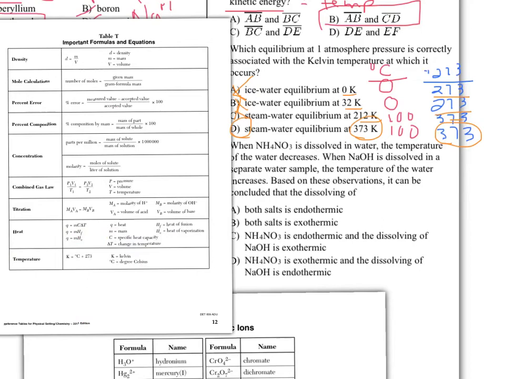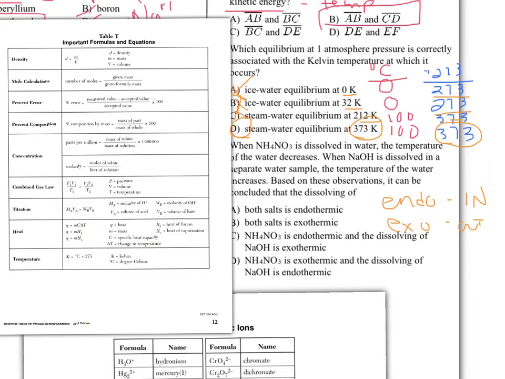We could just refer to our understanding of endothermic and exothermic. Recall that in endothermic reactions, heat goes into a substance versus exothermic, heat goes out or it exits a substance. But the best way to answer this question is to double check and use our reference table.